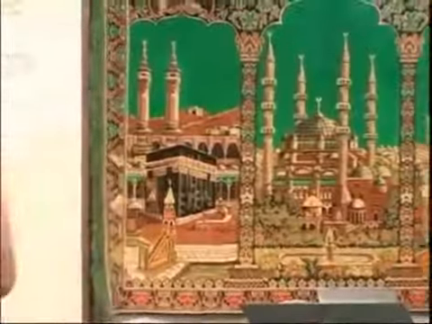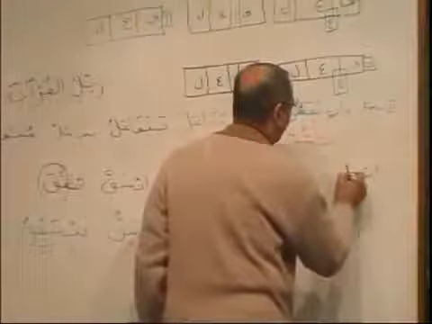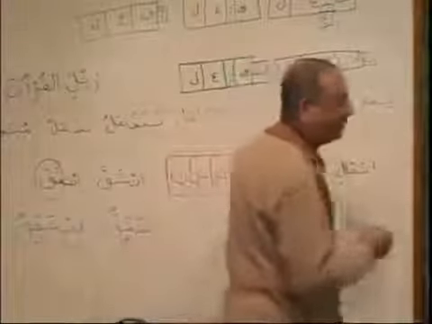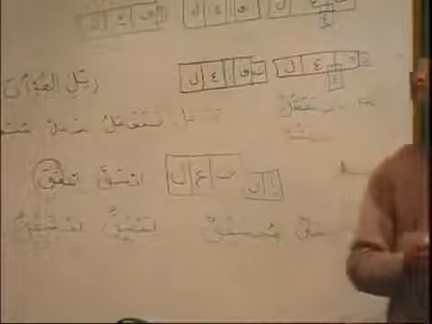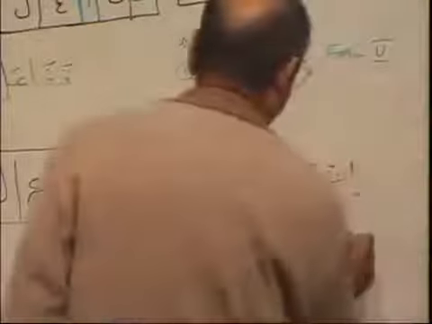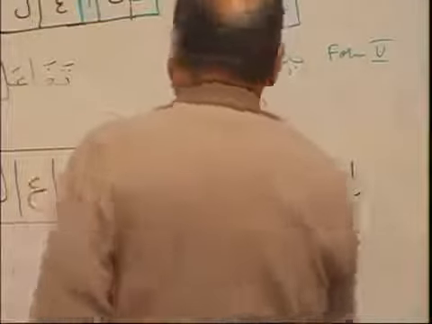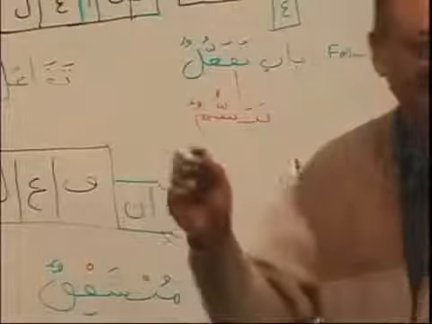It will become injali. Fine. Brothers and sisters, make ism fa'il. Munjalin. What will it become? Munjalin. Slowly you become strong in the naqis. Fine, brother, I'll write it down. Munjalin, and it will also become munjalan.